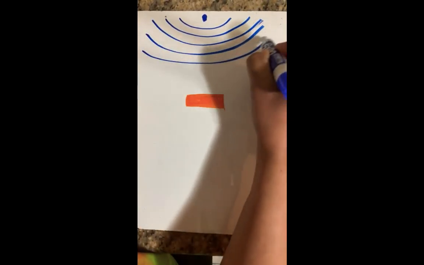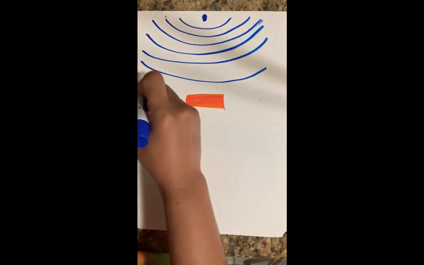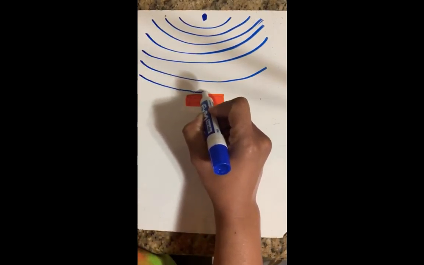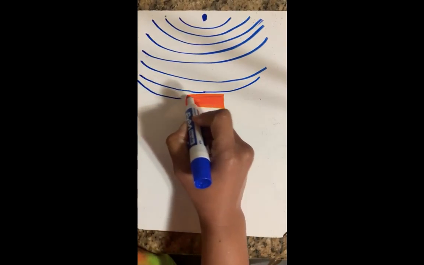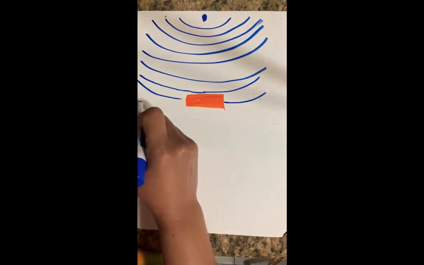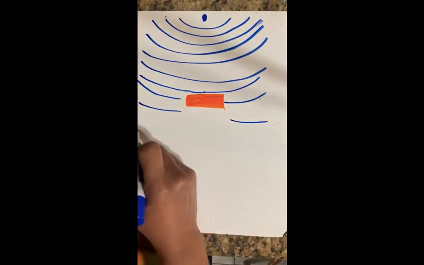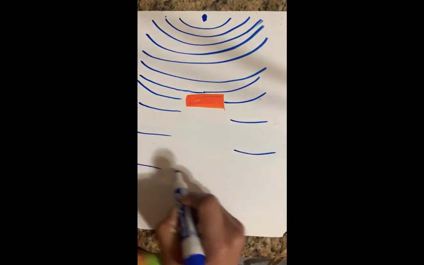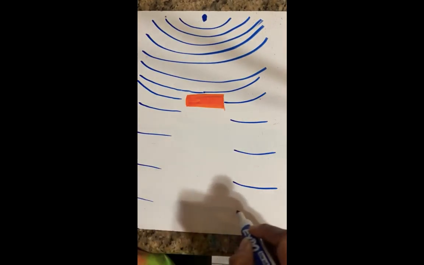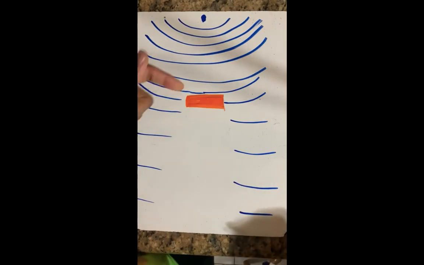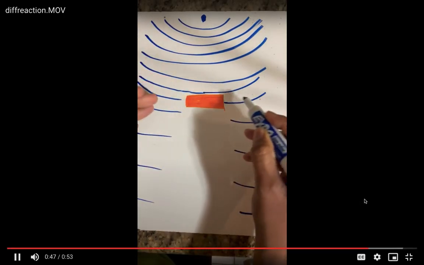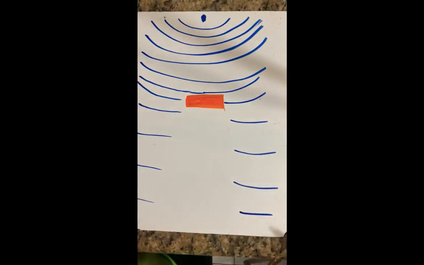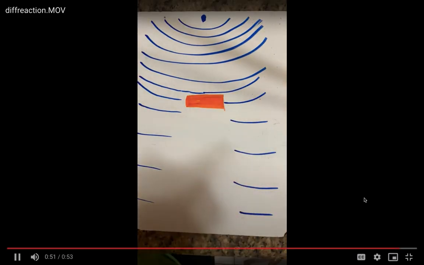So when these waves get to the block, they're going to bend around the block. They don't go through the block because it's a solid, obviously. So it just kind of bends around the block. That's diffraction.